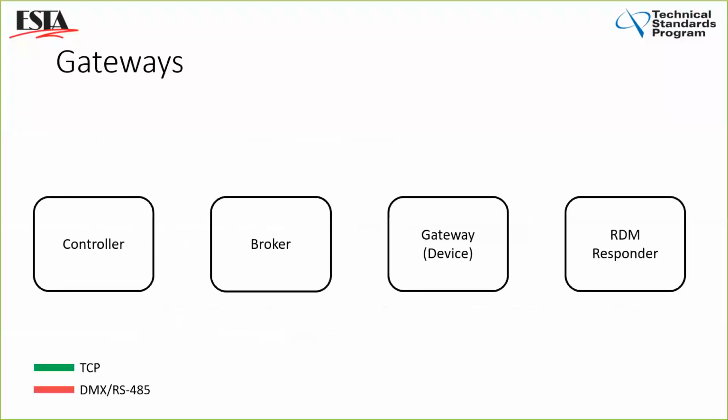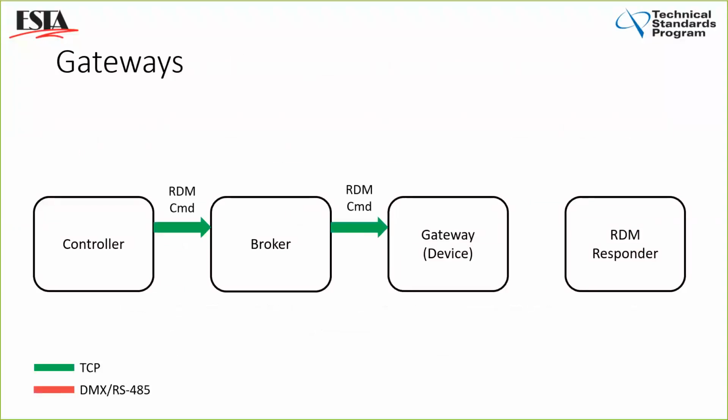This is how RDMnet works in the presence of the gateway. Like we said, RDMnet standardizes the behavior of gateways. So an RDMnet-capable gateway will present itself as a device. A gateway is a special case of a device in RDMnet. And it adds another step to the transmission of RDM commands and responses. So like we said before, the controller will send the command to a broker, which then forwards that command to the gateway.